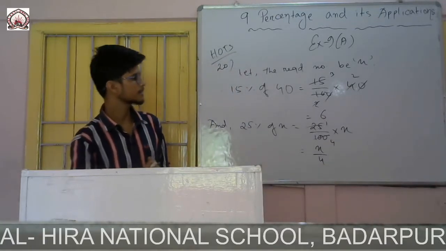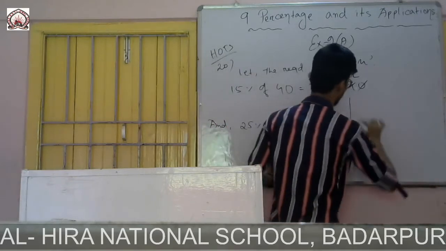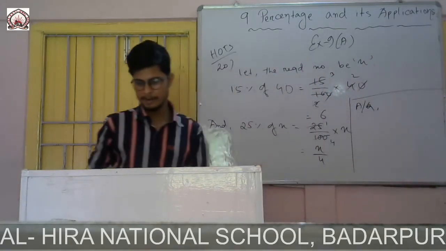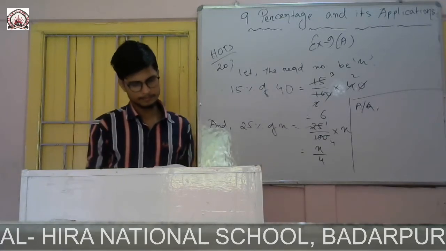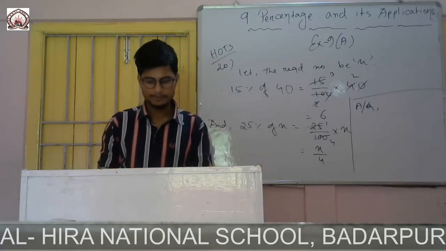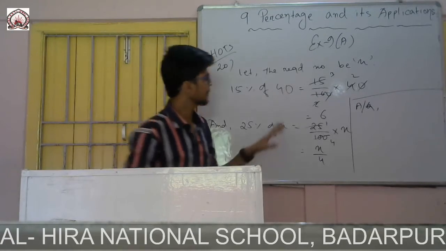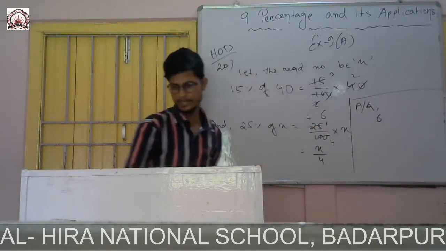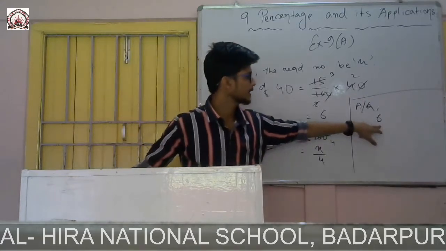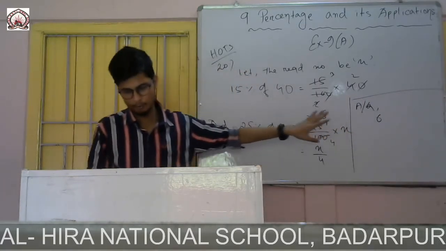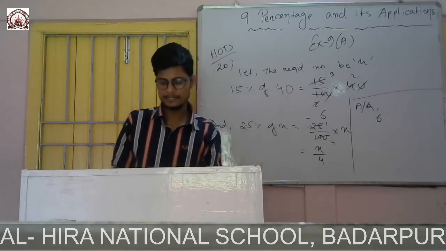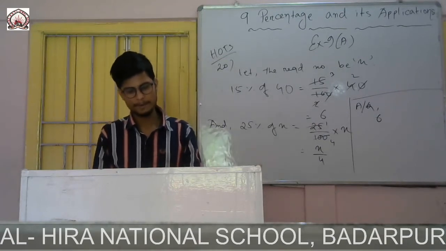Now the question: write according to the question. It is given that 15% of 40, which is 6, is greater than 25% of the number by 2.